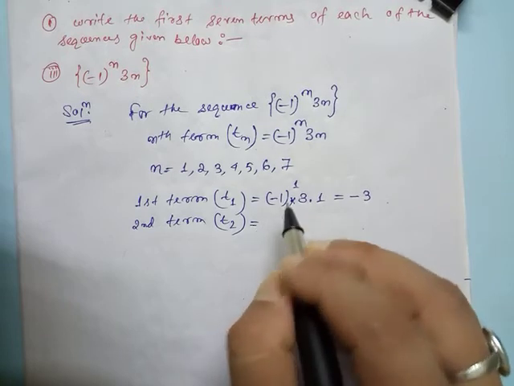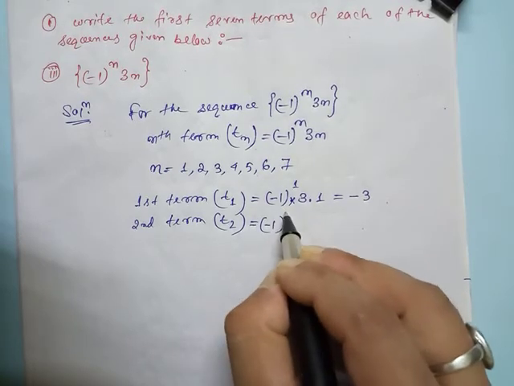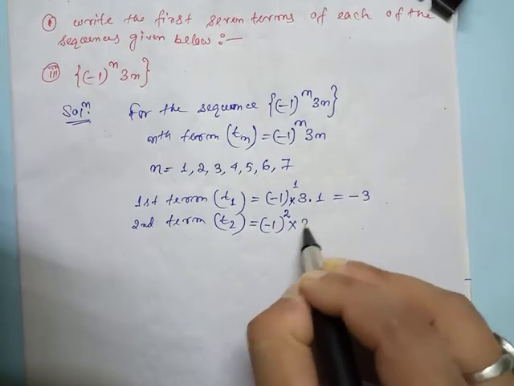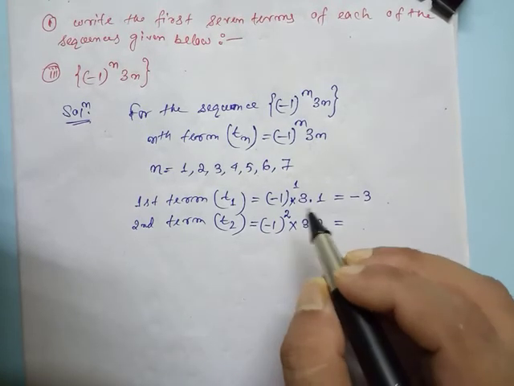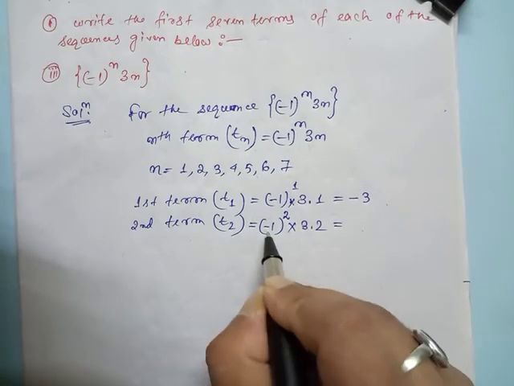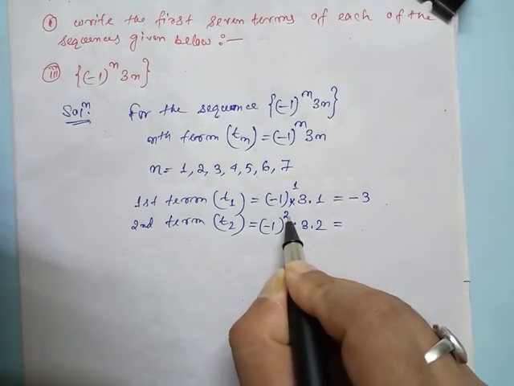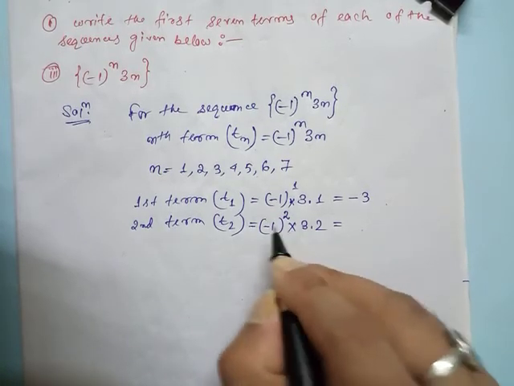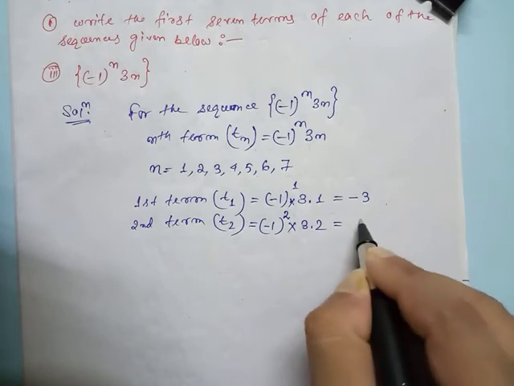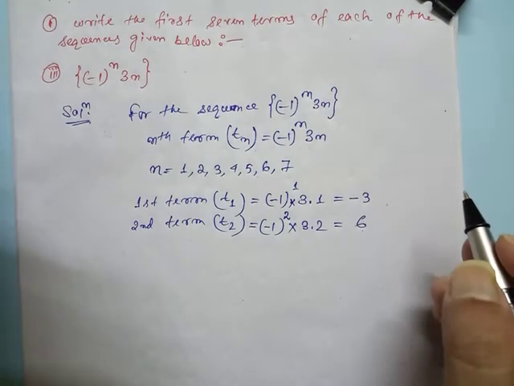Now here minus 1 to the power 2 into 3 into 2. Again I am telling, minus 1 having an even power like 2, 4, 6, 8 becomes plus 1. Plus 1 into 3 twos are 6, which means the answer is 6.